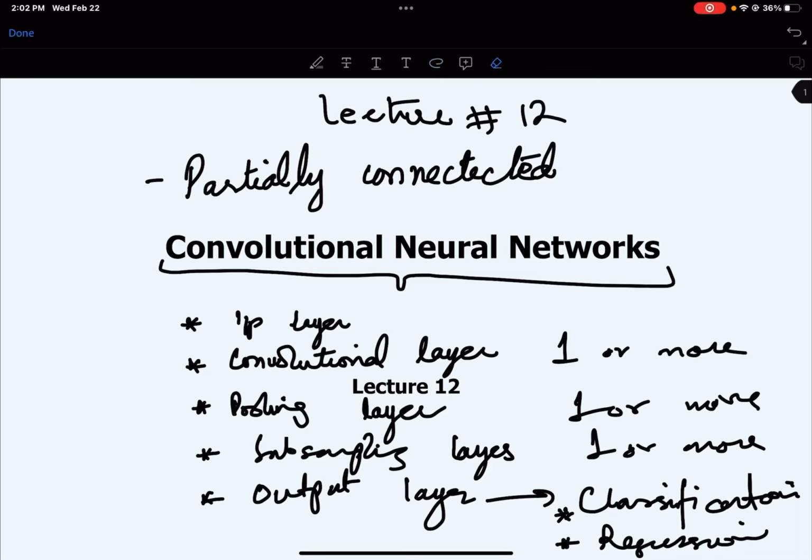So this is the structure of our convolutional neural networks.